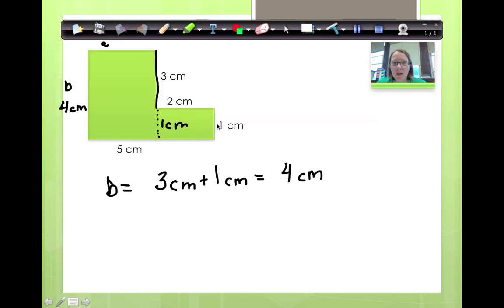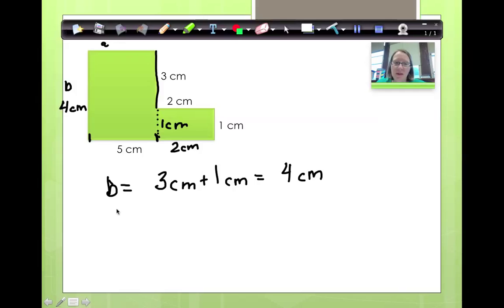Now, what do I know about rectangles, and how can I use that to find A? Okay, so I know that this is 4, this is 4, but I know all of this is 5. Well, I don't know this part right here, do I? But knowing what I know about rectangles, if this side is 2, then this part of this rectangle is going to be 2 centimeters. So how can I find out what this piece is from here to here?